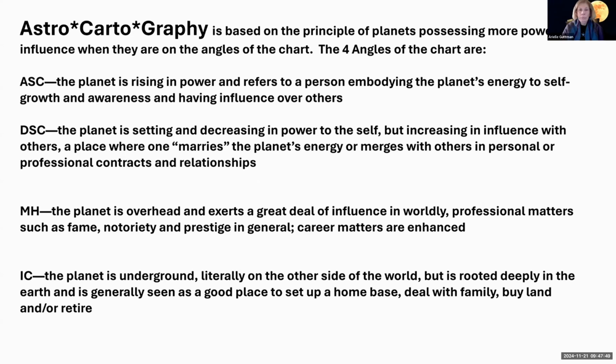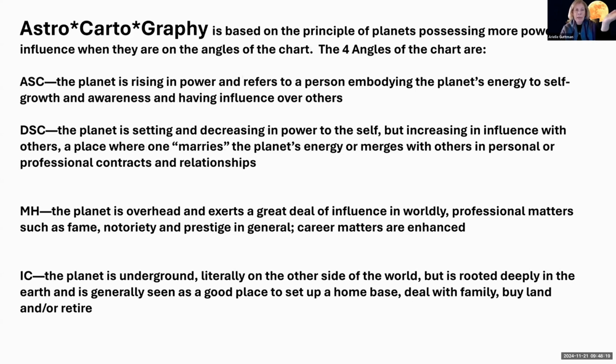This is a basic. I think everyone will have learned this in the earlier classes, but for people watching this video, maybe this is just a summary. The ascendant is the planet rising. It's like the sunrise. It's rising in power, just coming up from the dark, from the hidden regions.